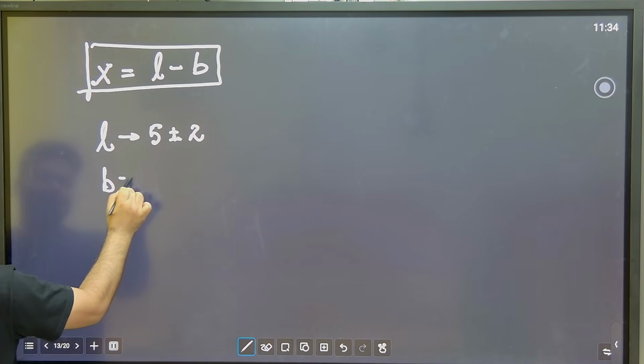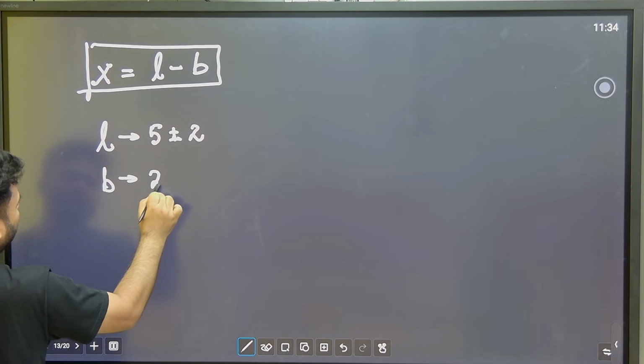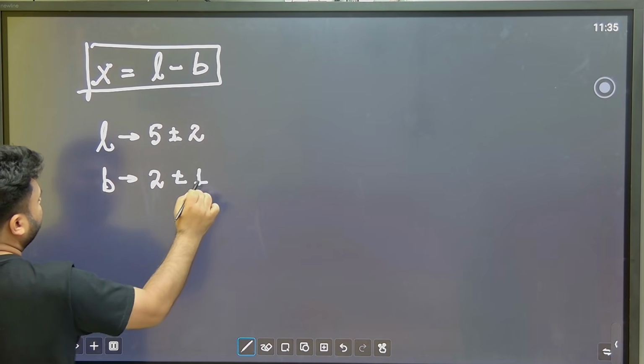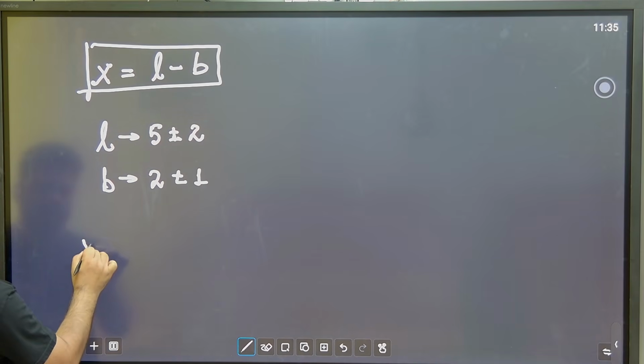Similarly, breadth you write 2 plus minus 1. They will ask how we can write x.